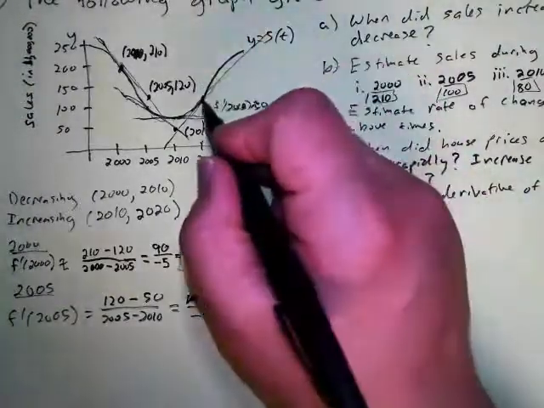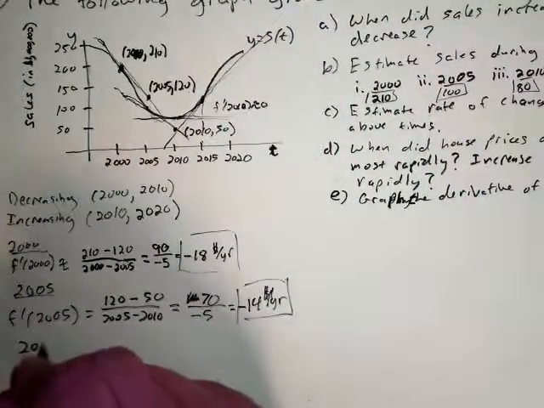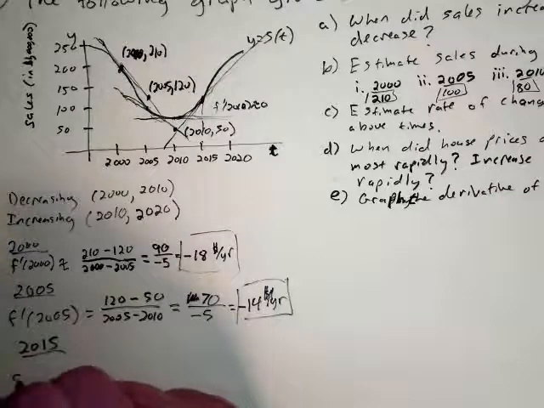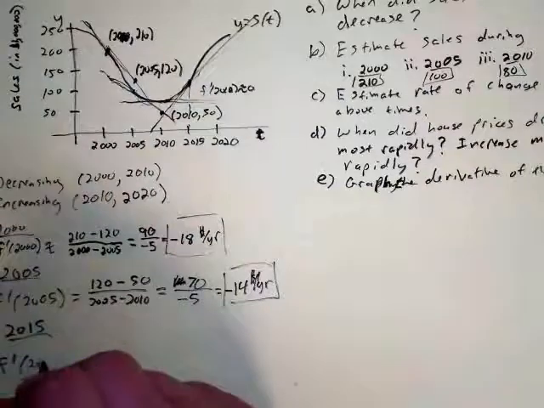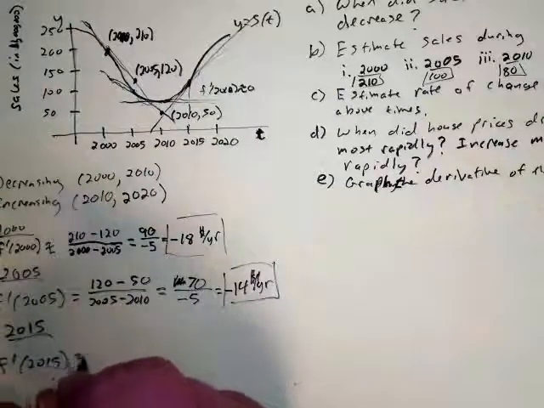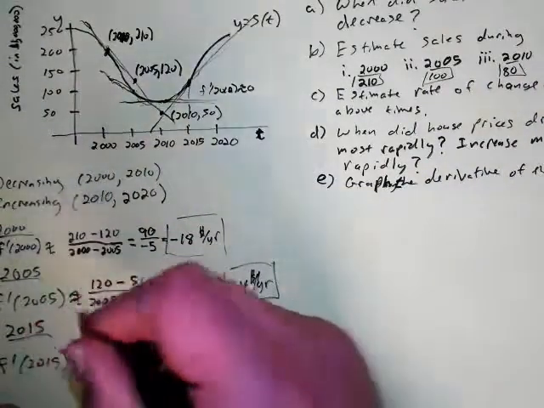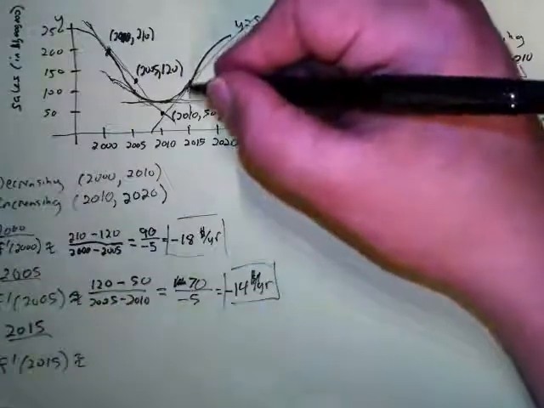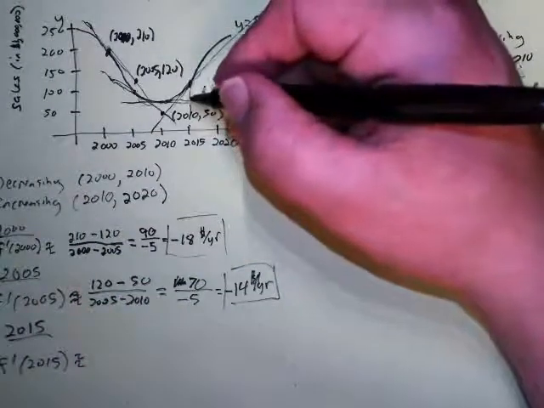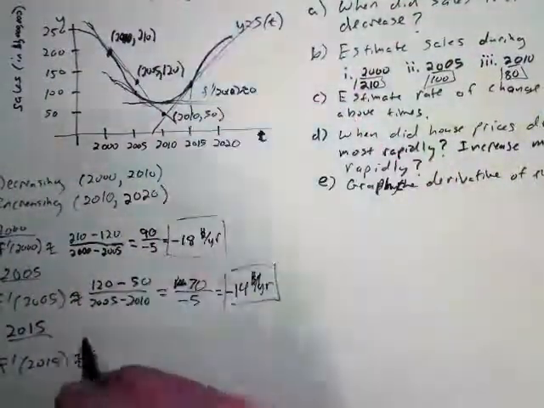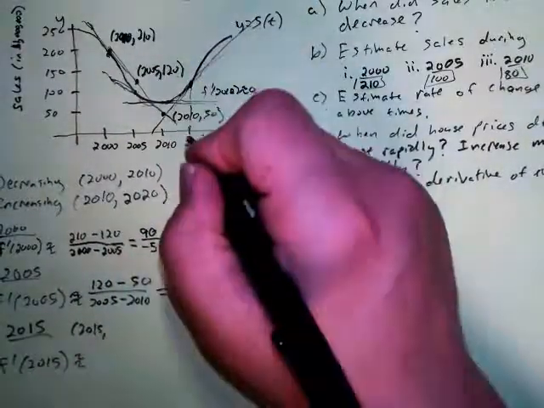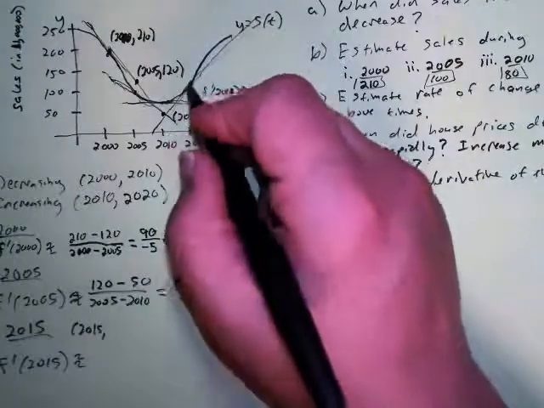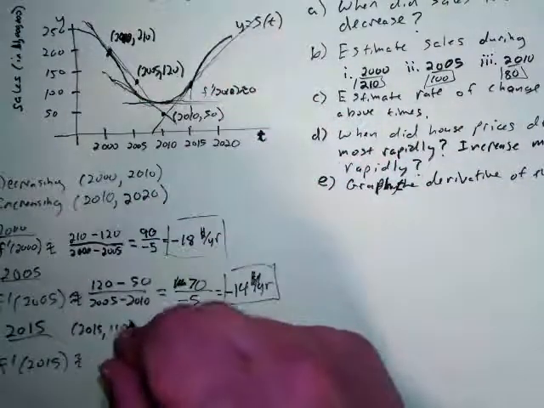Okay, well at 2015, then, f prime of 2015 is approximately... So at 2015, it looks like here. I'll write the ordered pairs down here. So it'd be like 2015, and at that it's like 110 maybe.